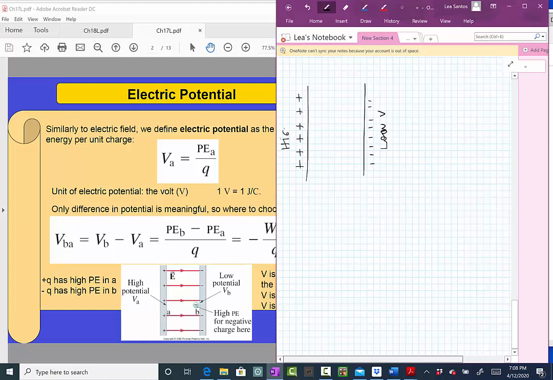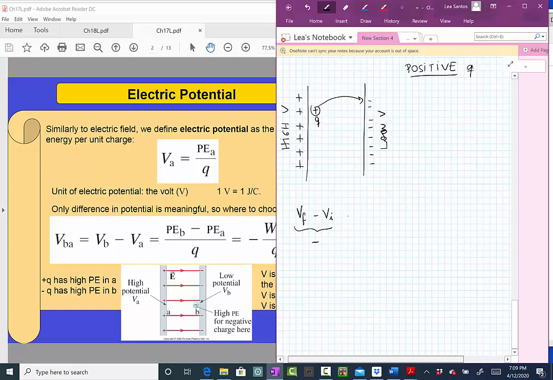We are starting our discussion thinking about a positive charge. So if I want to write the change in potential, I'm going to write it like this: the final potential minus the initial potential. Since we are going towards low potential, I know that this value here will be negative.